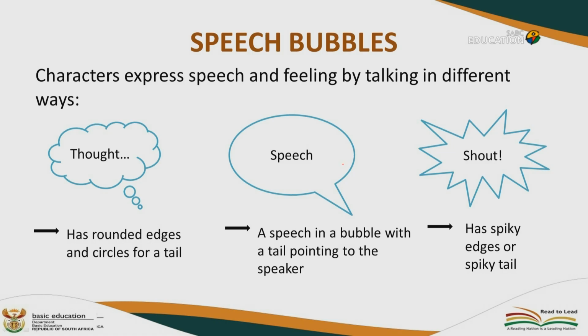That is why the bubble is so spiky. Sometimes the shout will not necessarily be inside a spiky bubble. It may be written in bold, large font. And maybe instead of just the bubble, you will see a spiky tail going towards the character itself.